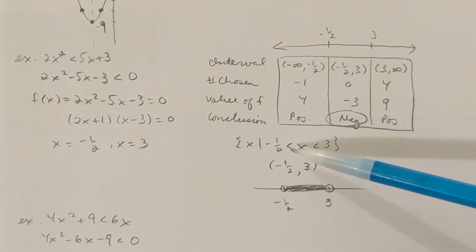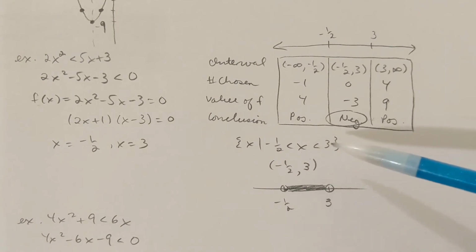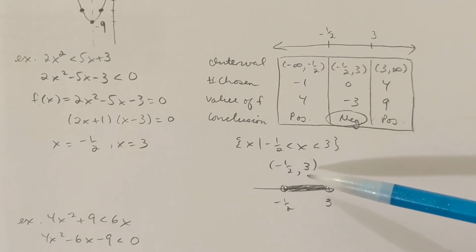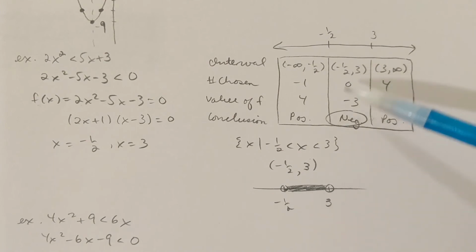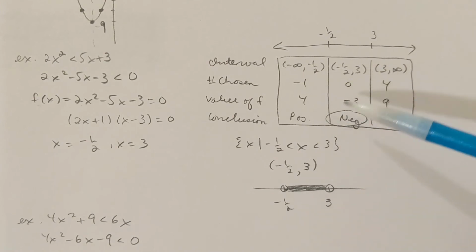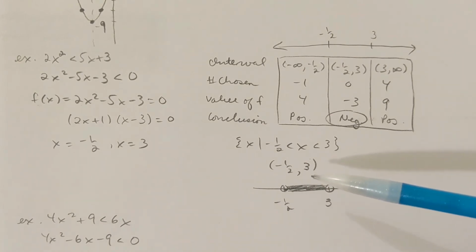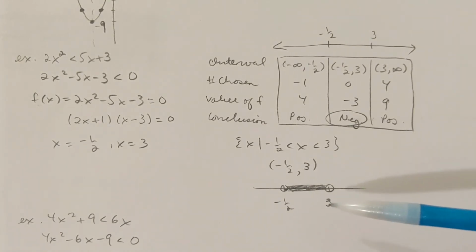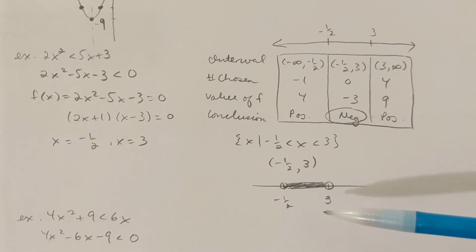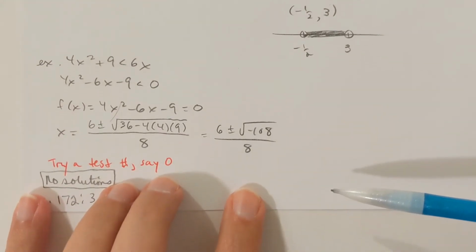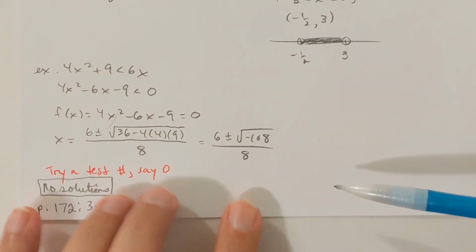Set of all x such that x is greater than -1/2 and less than 3. And -1/2 to 3, I'm using interval notation in the table, so I use interval notation when I give my answer. And here's how it looks if you have to graph it on the number line.